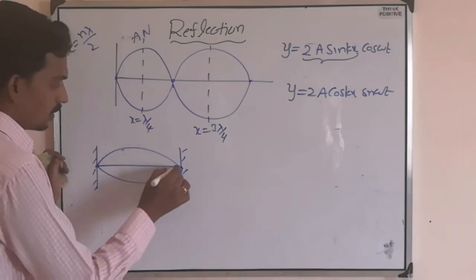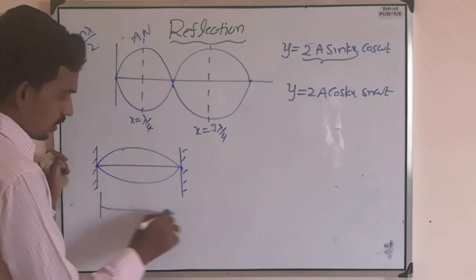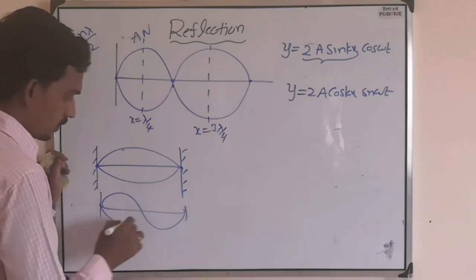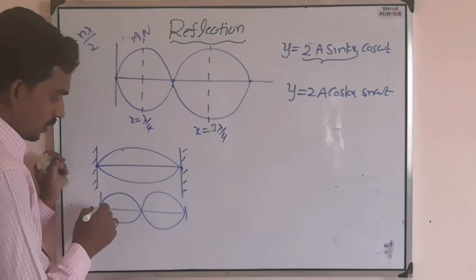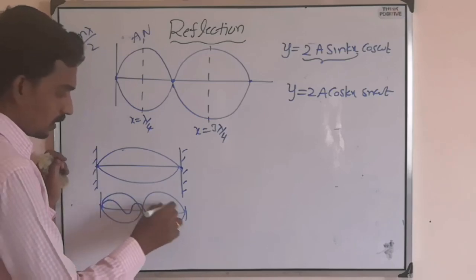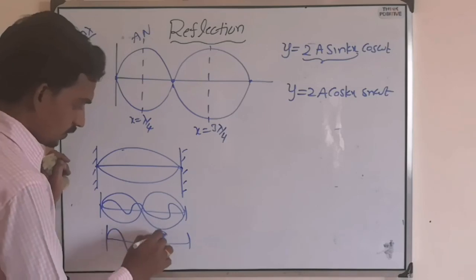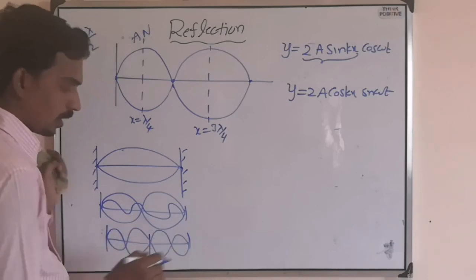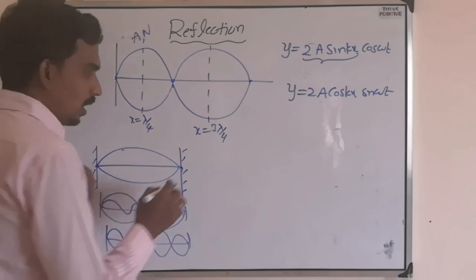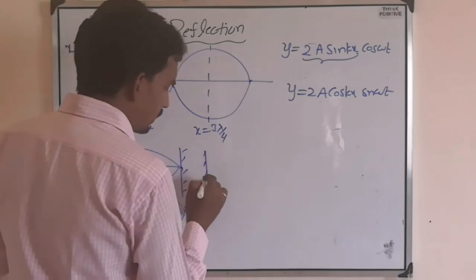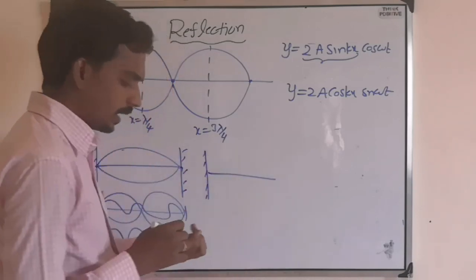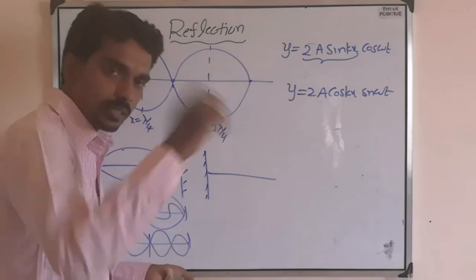Minimum like this. Next like this. Next like this. So on. Or string fixed at one support and another end is in your hand and you are giving a jerk.